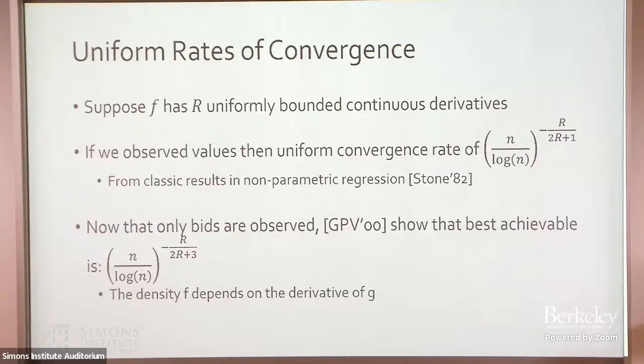Instead of n to the minus r over 2r plus 1, which is what you would get for non-parametric density estimation in 1D, you get a slightly worse exponent. That's because estimating the density of f depends on the derivative of the estimate of the density of G, and this extra derivative leads to the worse rates.